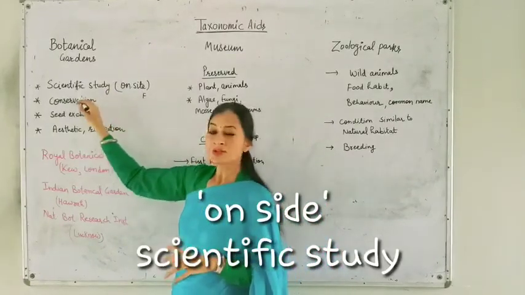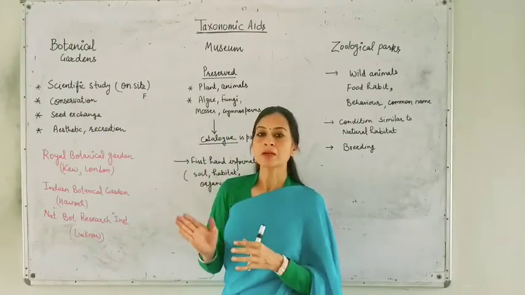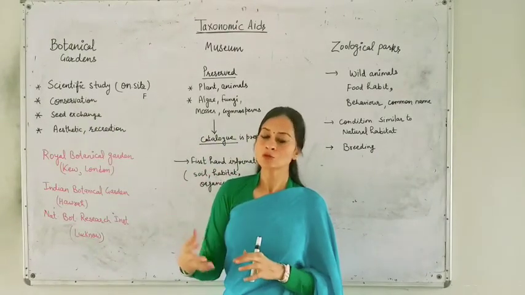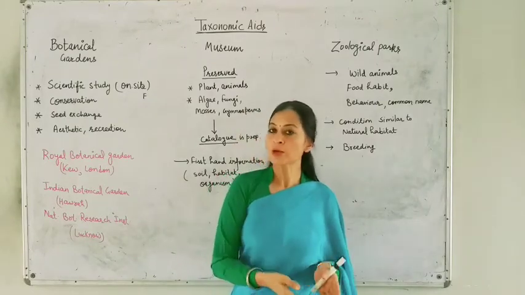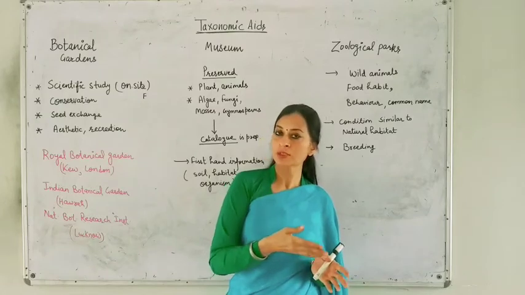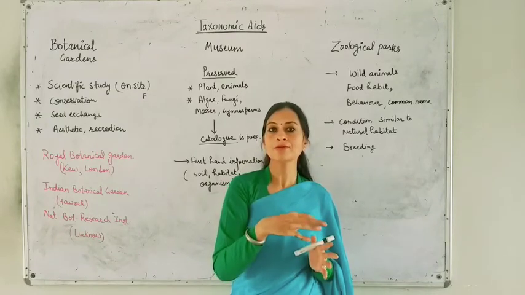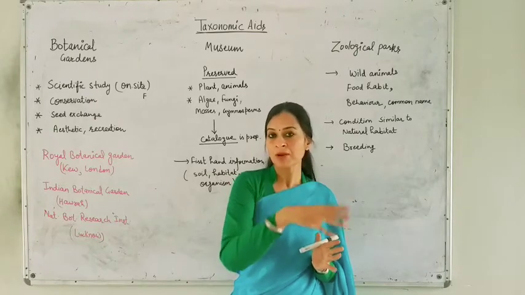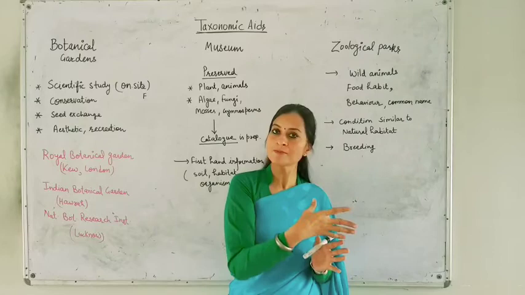So the purpose of the botanical garden is actually to study the various features on site. On-site or scientific study of the plant is possible when the scientists and their associates and students regularly visit the garden and study the live plant. The features of the living plant are studied there.